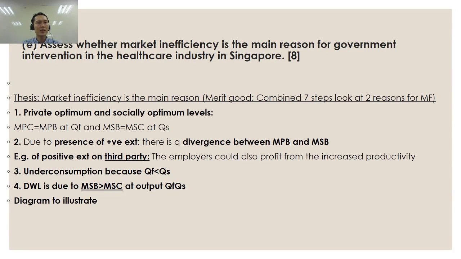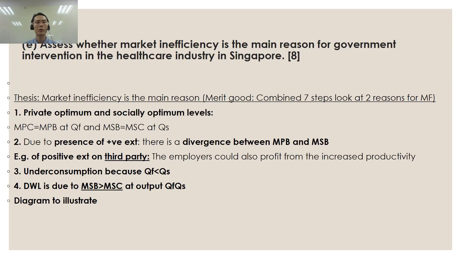Now, to condense the 7 steps into the four steps here, these are the equations that you need to know of. First and foremost, you can look at the private optimum and the socially optimum level. As consumers, to consume healthcare services will maximize our net benefit, where MPB is equal to MPC at QF.